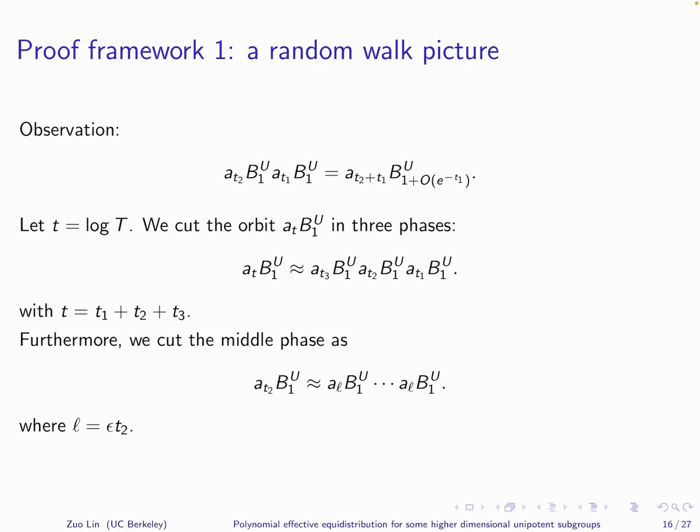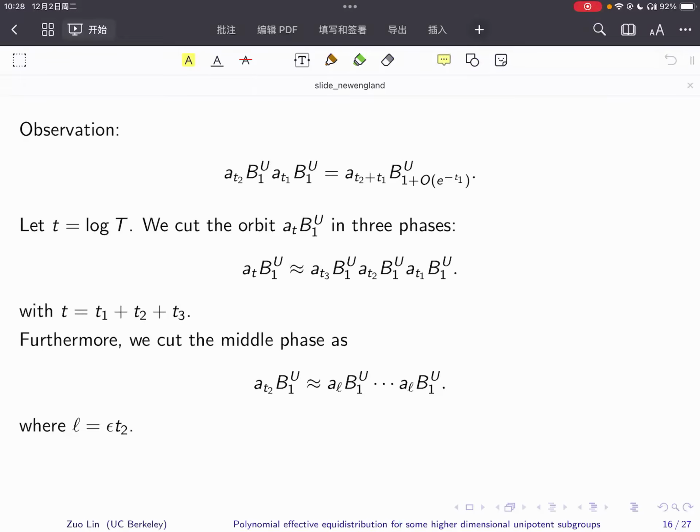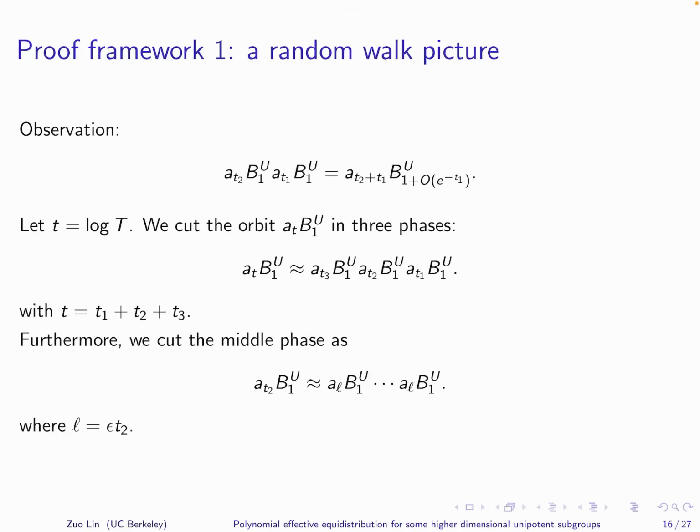The first piece of the framework is that I need to introduce this random walk picture. There might be a question like why I keep using this size 1 expanding version instead of a large unipotent orbit. So here is one advantage of using this size 1 push version.